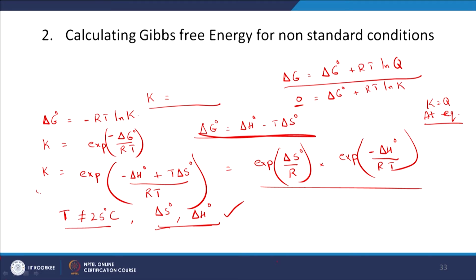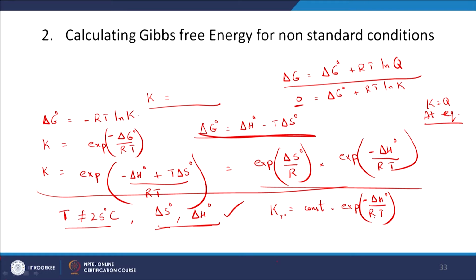So how does this equation transform? K at T naught equals a constant into exponential of minus delta H naught by RT. That is what we have here.